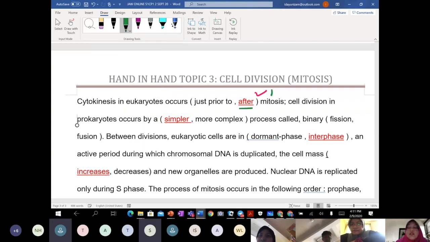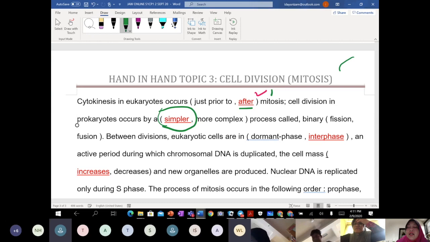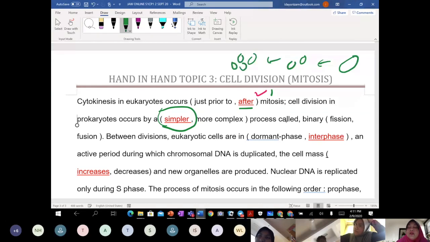Next, does cell division in prokaryotes occur by a simpler or more complex process? Yes, simpler, because only one cell becomes 2 cells, 2 become 4. This is simpler, where we call it binary fission, but in eukaryotic cells, we are more complex.